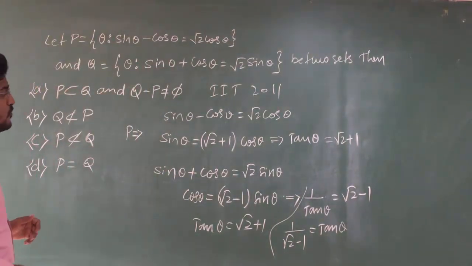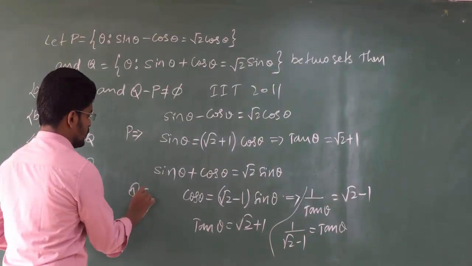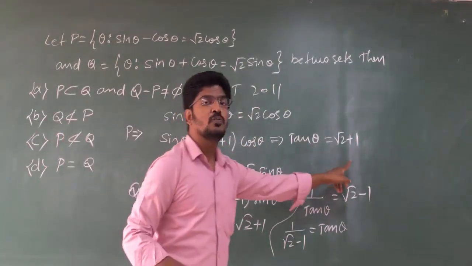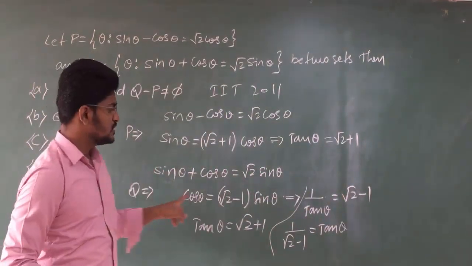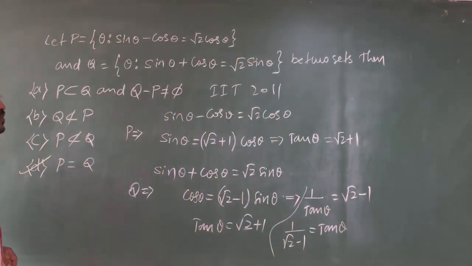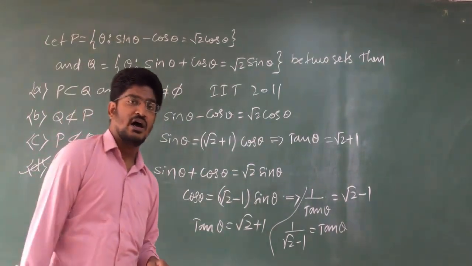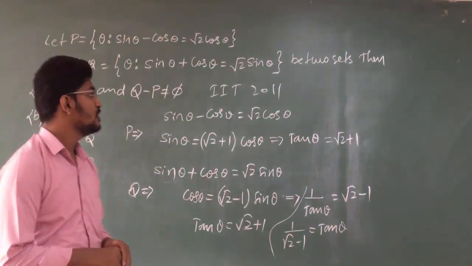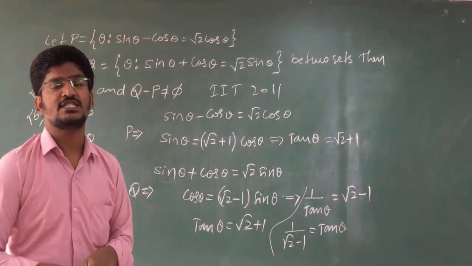So therefore this is Q. P is root 2 plus 1, Q is root 2 plus 1. Therefore P equal to Q will be the answer. Okay. No problem. Let us go to the next question.